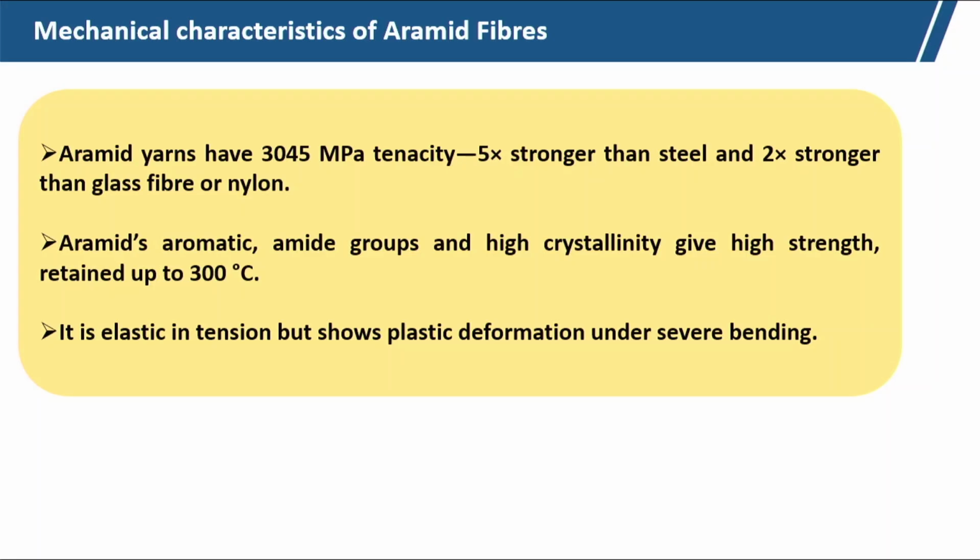It is elastic in tension, but shows plastic deformation under severe bending. So, under tensile load, it is elastic in nature due to the molecular orientation, but plastic deformation occurs when it is under severe bending.